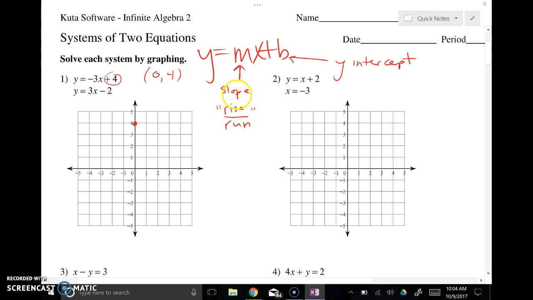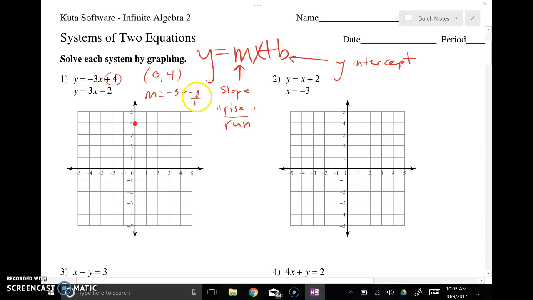Now I use the slope to determine how I get from one point to the next point. The reason that lines are straight is because they have the same way to get from point to point throughout the entirety of the function, and that rise over run is what that slope is. In this case, that m value is -3, or as we will say for rise over run purposes, -3 over +1.